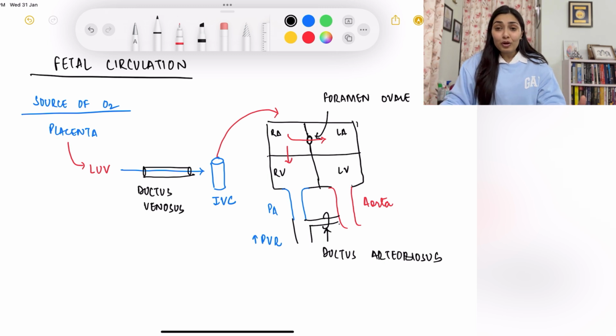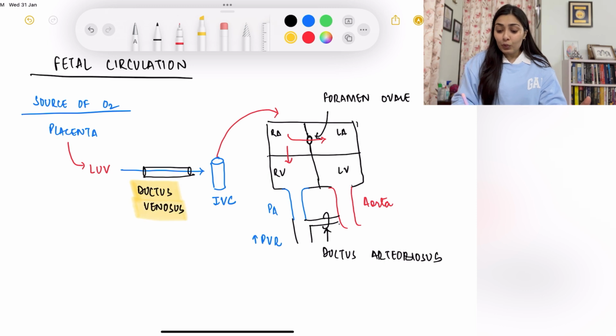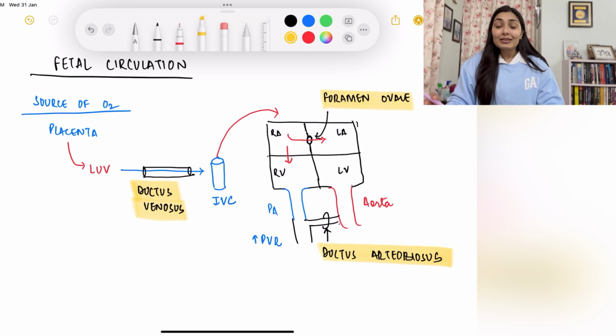So we have read about some of the fetal structures. One of them is the ductus venosus, connecting the two veins, left umbilical vein to IVC. The next is the foramen ovale, a window between the two atria. And lastly, the ductus arteriosus, the duct connecting the two arteries, the pulmonary artery with the aorta on the left side.